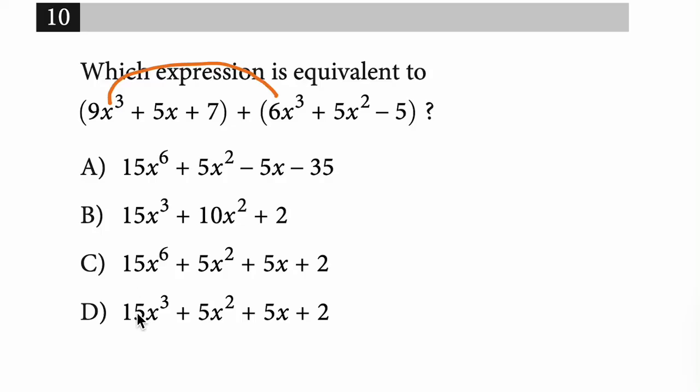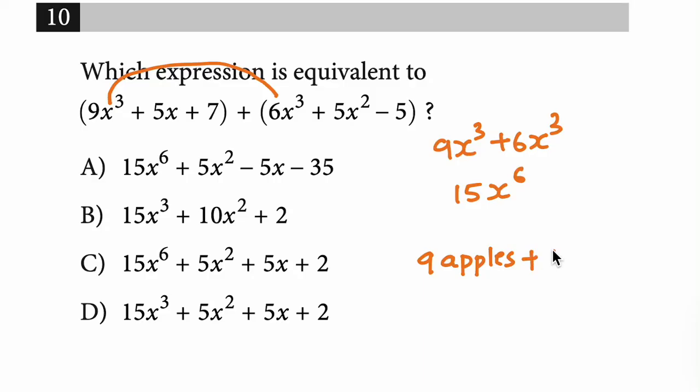Now, if I do 9x cubed plus 6x cubed, do you think that powers will be added? 3 plus 3, 6, right? And this is the right option? No. When there are like terms, x cube here is just like acting as 9 apples plus 6 apples, right?